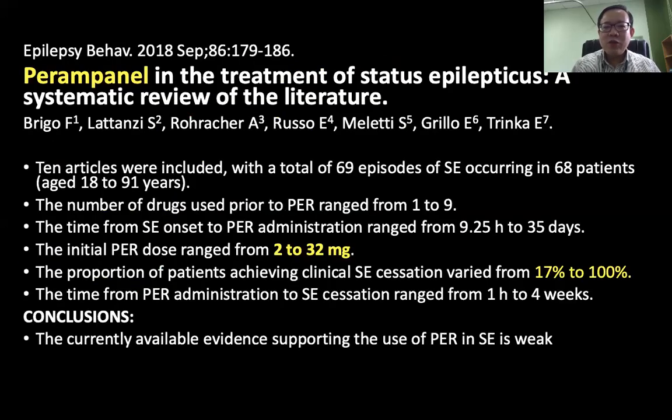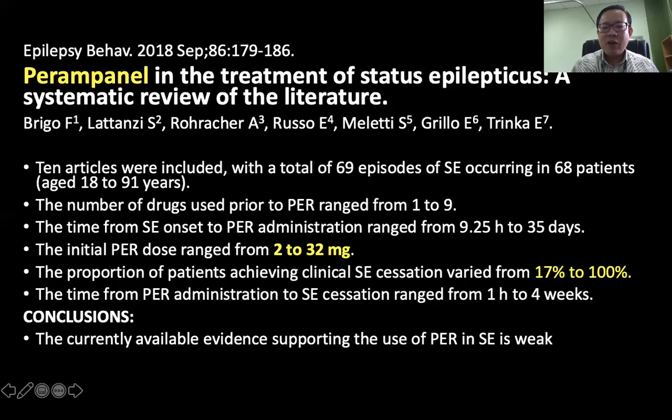We also start to use a lot of perampanel, because the perampanel tablet can be crushed and be given through the NG tube. Usually I use 8 milligram of perampanel, but the dose of 32 milligram can be given. The normal maximum daily oral dose we use in clinical practice is 12 milligram, but in status epilepticus, it can go up to 32 milligram.